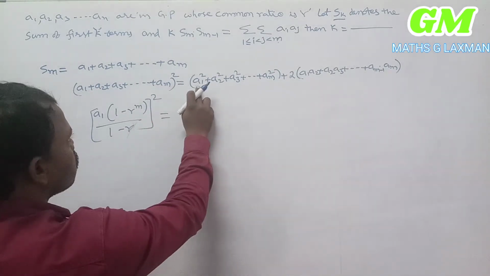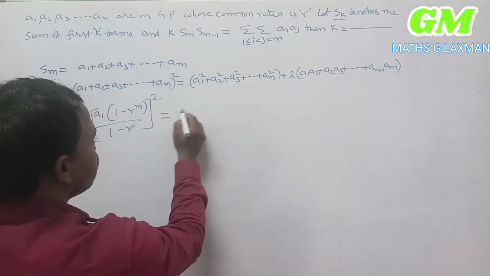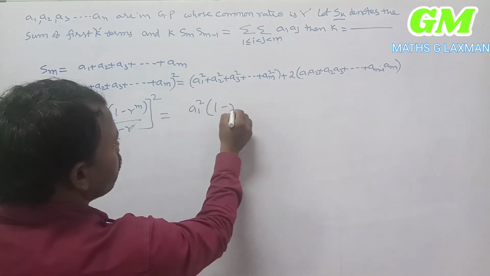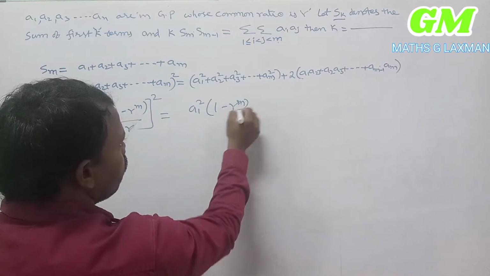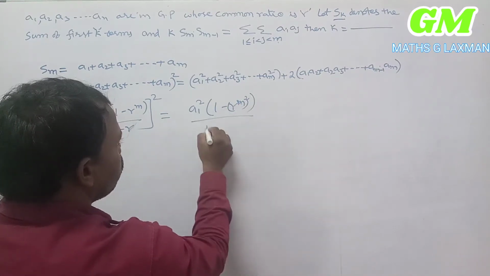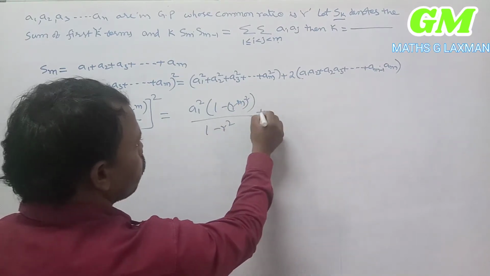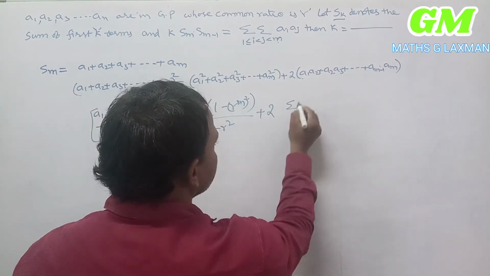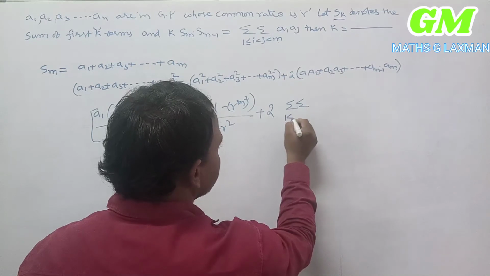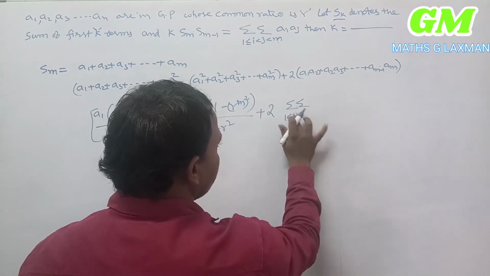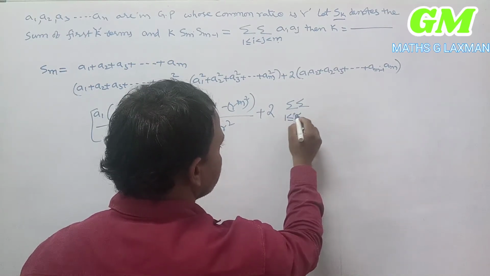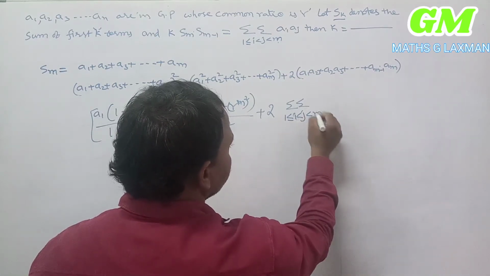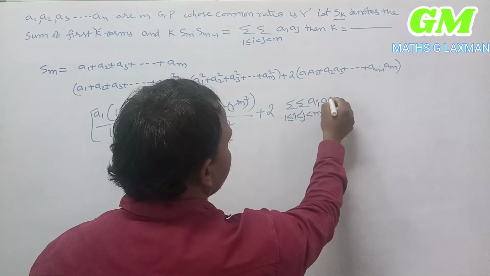Then the sum of the squares of m terms is A1 square into 1 minus r to the power of m whole square, divided by 1 minus r square, plus 2 into the summation of 1 less than or equal to i less than j less than m of ai aj.